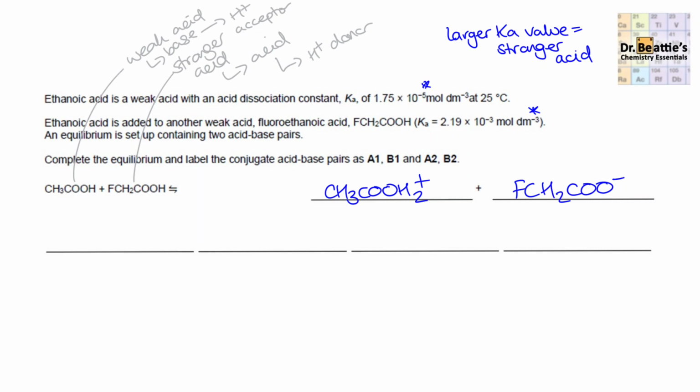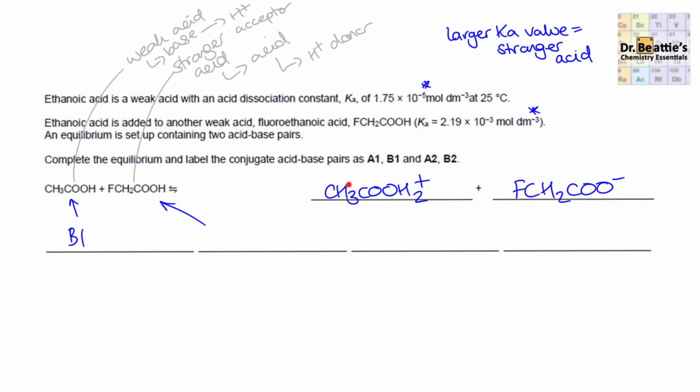And then it's asked you to label the conjugate acid-base pairs. We know from our working out here that this ethanoic acid must be a base. So we're going to label that as B1. And these basically refer to where they are. And its conjugate pair is going to have a difference of just a hydrogen.